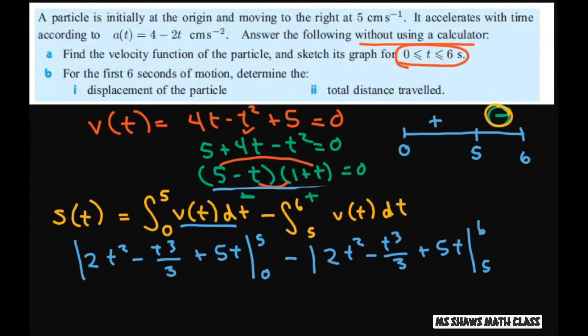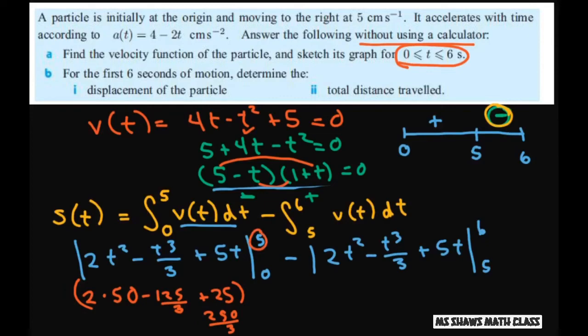When you plug in your 5, you're going to get 2 times 50 minus 125 divided by 3 plus 25. When you plug in 0, that's just going to give you 0. So all of this right here equals 250 divided by 3.